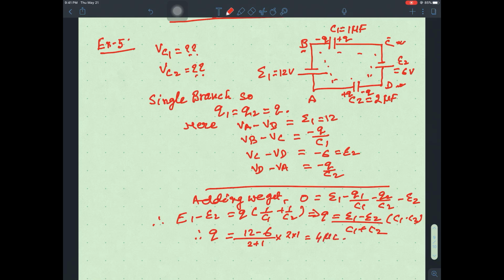When we have got 4 microcoulomb, VC1 is how much? VC1 is equal to Q by C1, that is 4 by 1, that is 4 volt. This is your first answer. And VC2 is equal to Q by C2, that is 4 by 2 is equal to 2 volt.